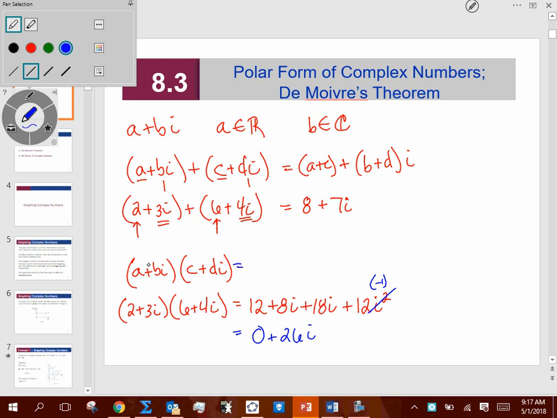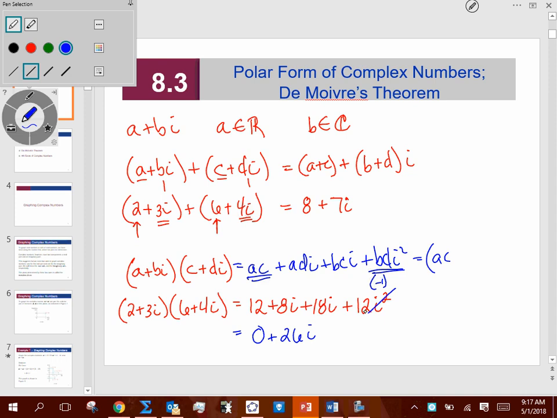So by rule here, it was a times c, so ac. And we took a times di, and we took bi times c, and then we took bi times di, so plus bd i squared. But that all turns into, if you think about it, ac. That becomes a real number, right?